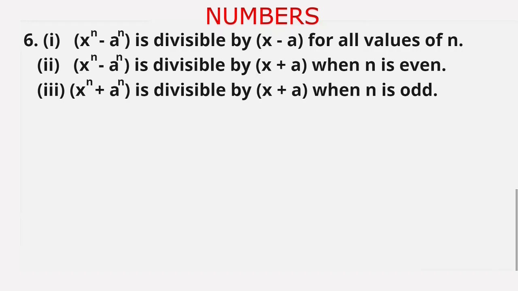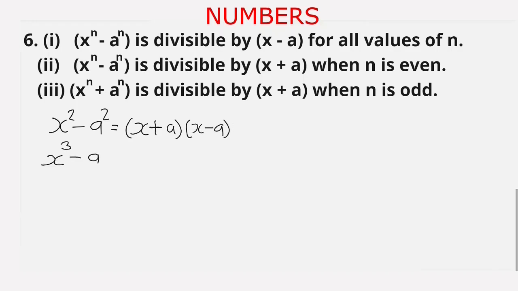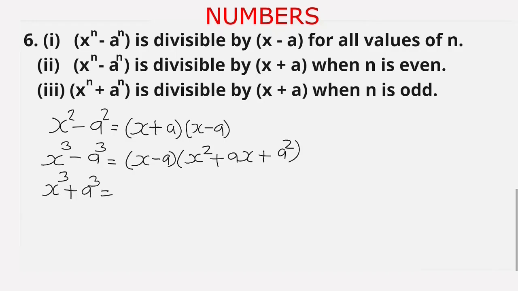We take the value of n as even and as odd. So first we take the value of n as even. x square minus a square is equal to (x plus a) into (x minus a). x cube minus a cube is equal to (x minus a) into (x square plus ax plus a square). x cube plus a cube is equal to (x plus a) into (x square minus ax plus a square).